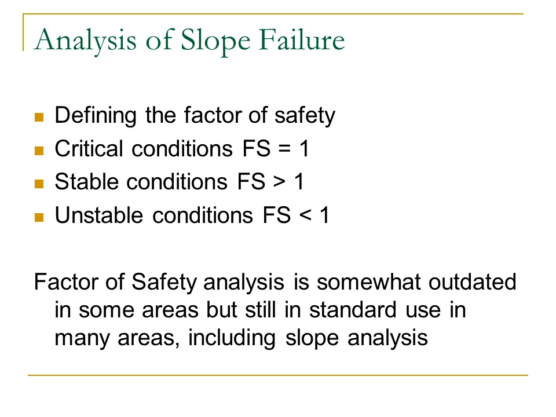Critical conditions, that is, marginal stability, have to correspond with a factor of safety of 1. Stable conditions have to correspond to a factor of safety greater than 1, and unstable conditions would have a factor of safety less than 1. The factor of safety analysis may be somewhat outdated in some areas of engineering, but it is still in standard use in a number of areas, including slope stability.